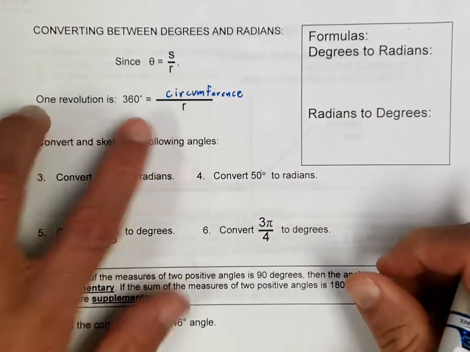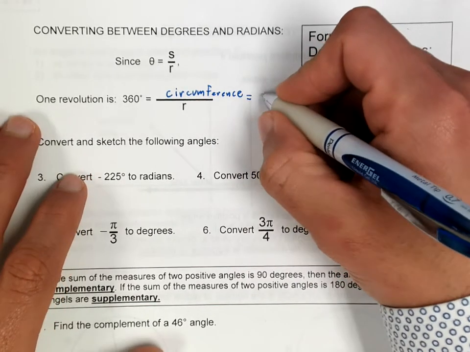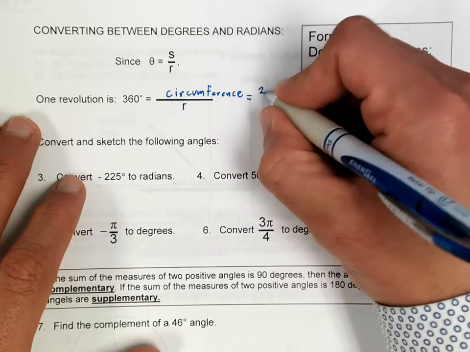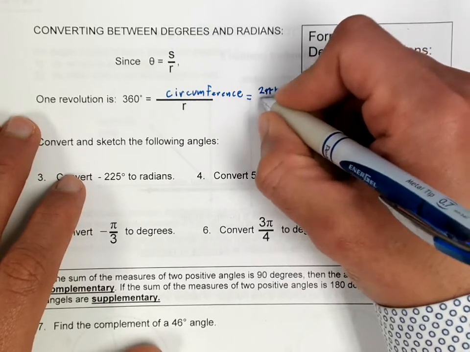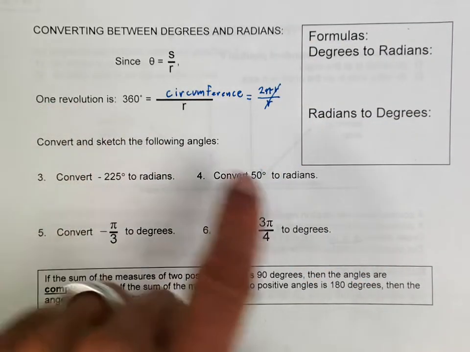And if I divide that by r, then I would get what that means. The formula for the circumference is 2 pi r. And if I divide this by r, lo and behold, 1 revolution is equal to 2 pi.